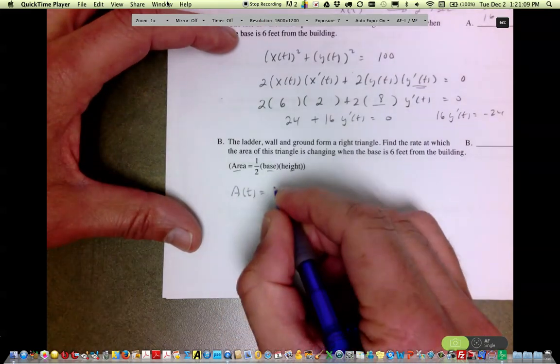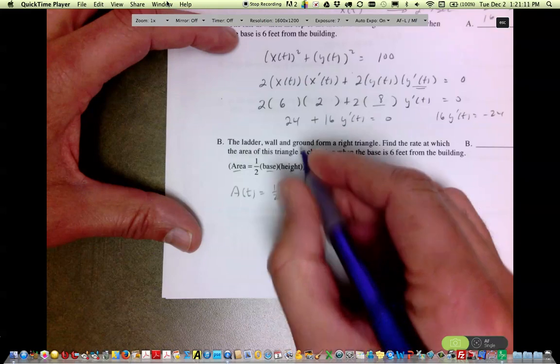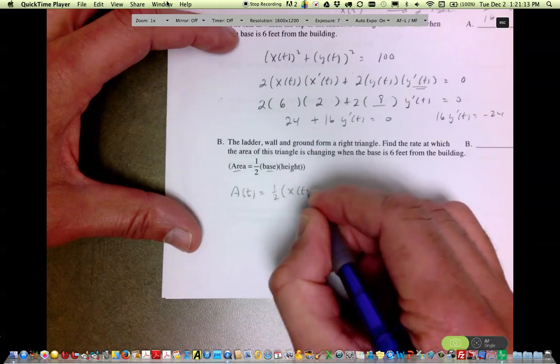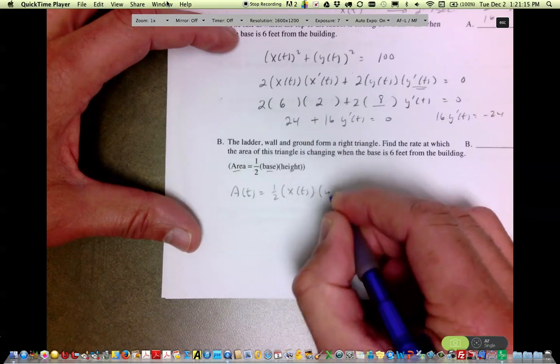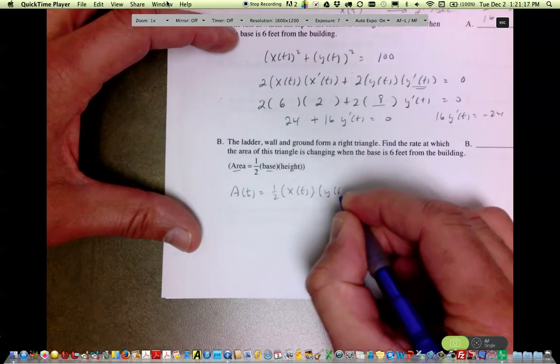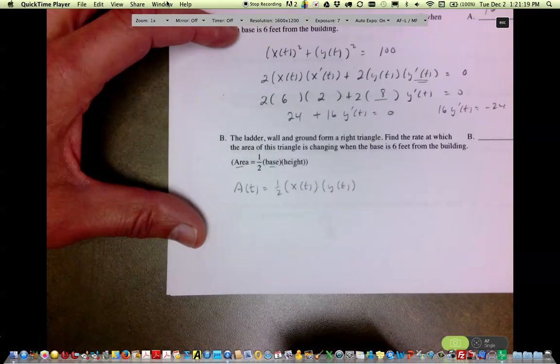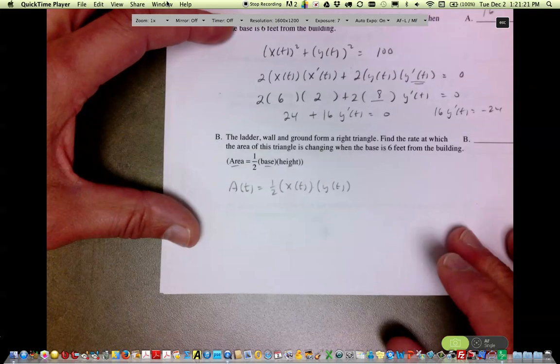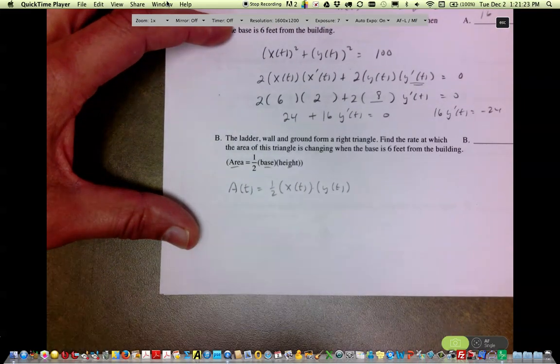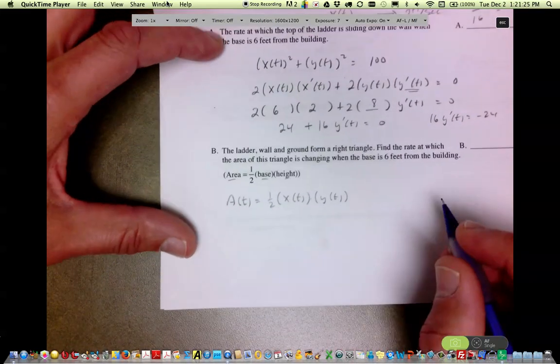That equals 1/2 times the base, which we called x of t and is changing with time, and y, which is also changing with time. So this equation gives a relationship between the area and the two sides.